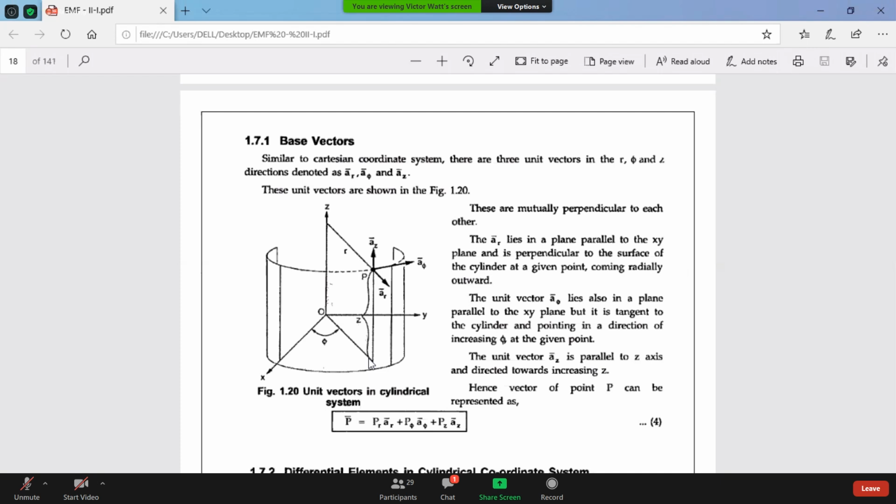So if you want to convert your R in cylindrical to Cartesian, it would be R cos phi, because all this is a right angle.